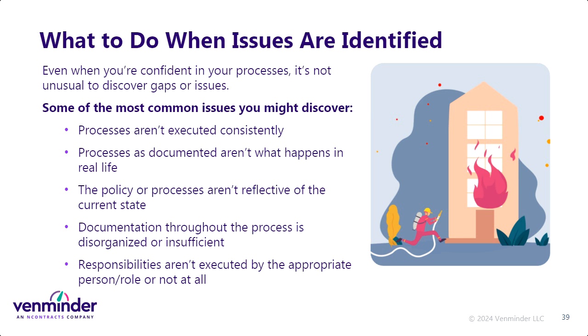Another issue is that the policy might be out of touch with what the real process is. That can be a really big problem when policies are written to be aspirational as opposed to reflecting the current state. And finally, when responsibilities are not executed by the appropriate person or not at all, that's another big finding that we commonly see in audits or exams.